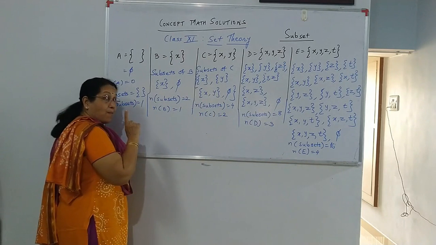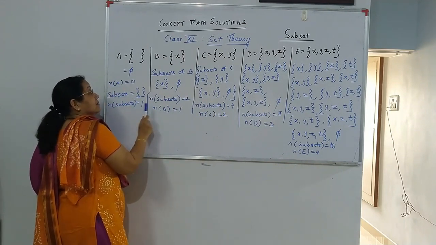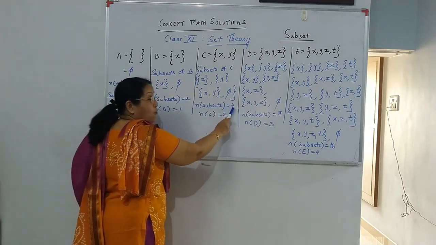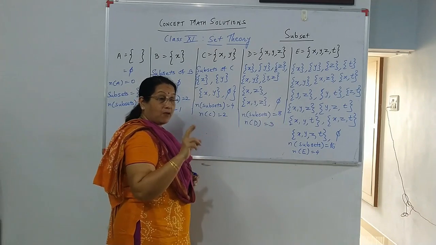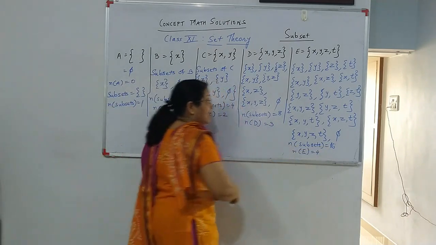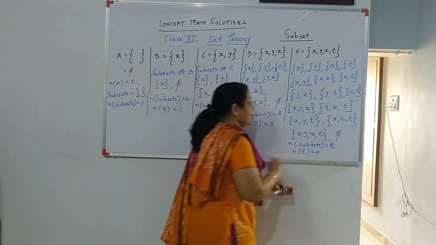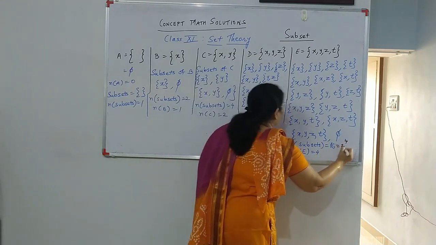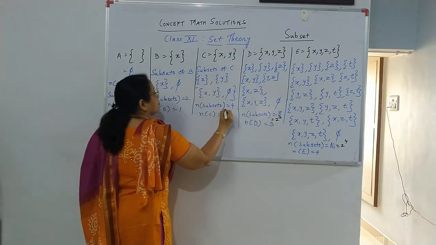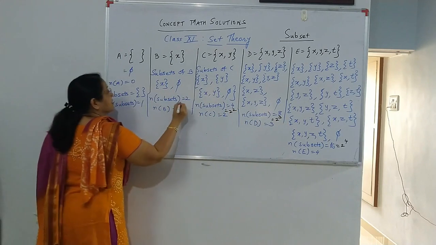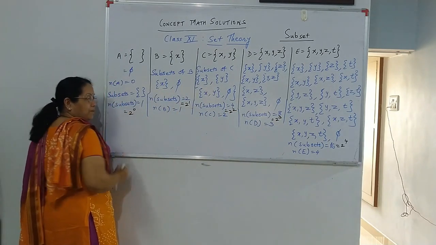That is, the number of subsets are 1, 2, 4, 8, 16. It is going exponentially, power of 2. That is 2 to the power 4 is 16, this is 2 to the power 3, this is 2 to the power 2, this is 2 to the power 1 and this is 2 to the power 0.